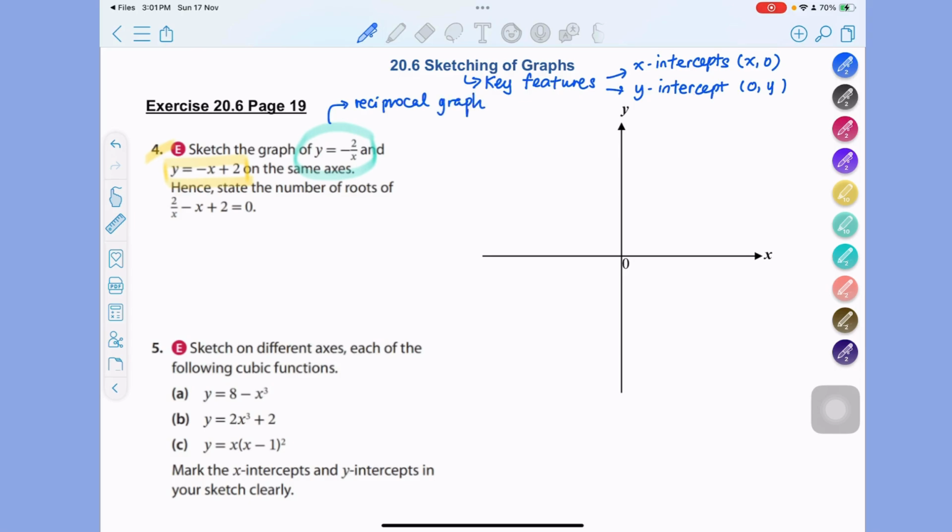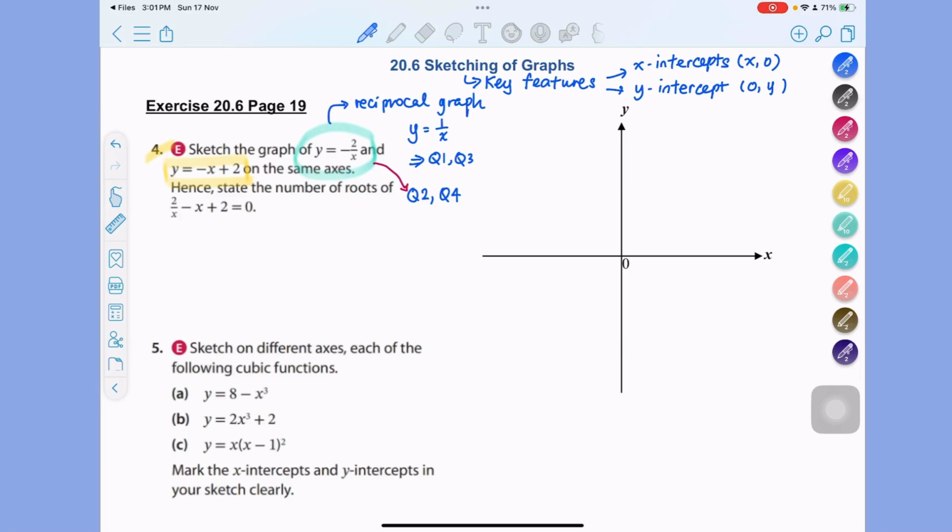Coming to the reciprocal graph, the positive y equals 1 over x reciprocal graph will fall under quadrant 1 and quadrant 3. However, for this question, it's a negative reciprocal graph, so your curve will fall under Q2 and Q4.